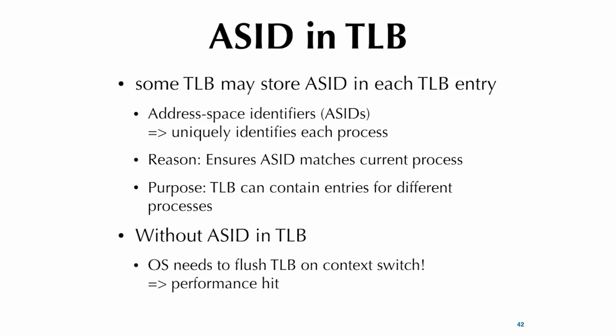It's a match only if the page number matches and the ASID matches. Then that's considered a match on a TLB. Otherwise, if only the page number matches and the ASID doesn't match, that's somebody else's page table entry, so you shouldn't use that.